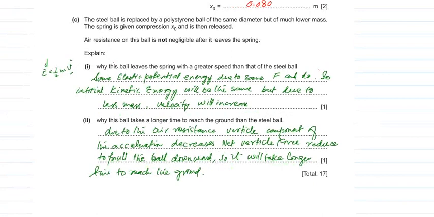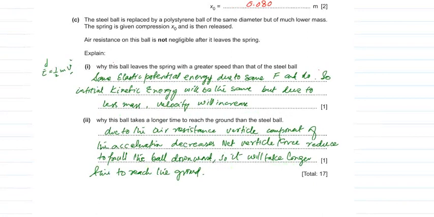Because when the spring is compressed with the same force, right, the force is the same, elastic potential is the same, right? So if the elastic potential is the same, so E equals half mv square when it is released, right? So energy is the same as previous, and the mass is now less, so in order to equate, if the mass is less, the velocity should be greater in order to have the same result.